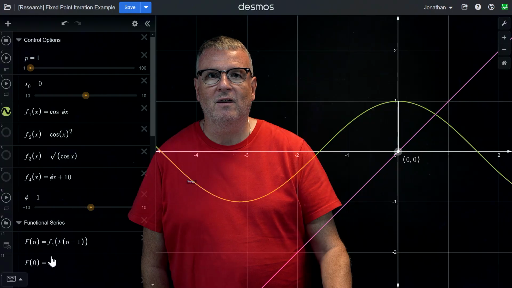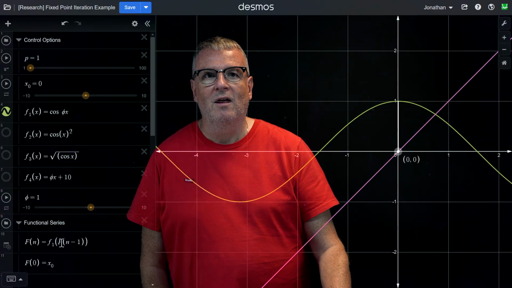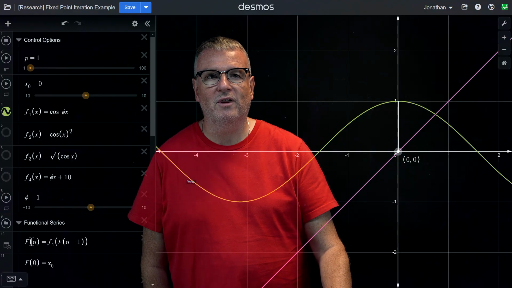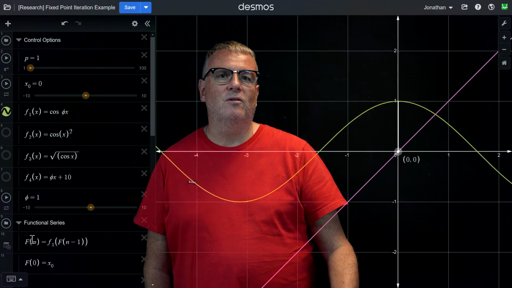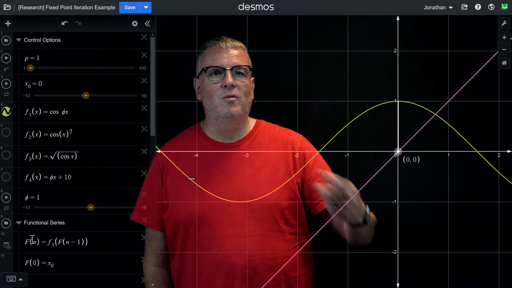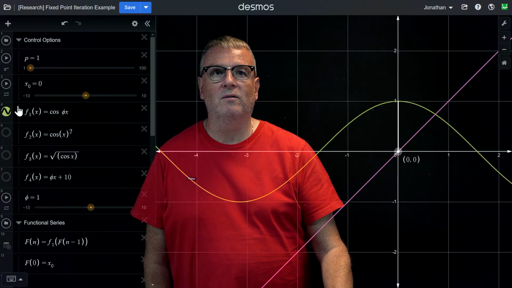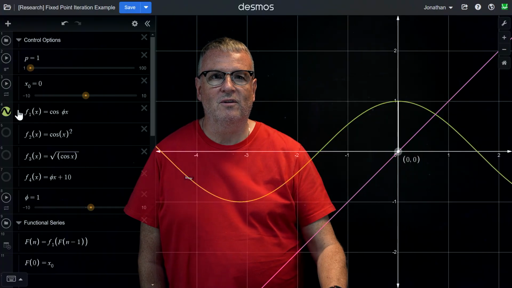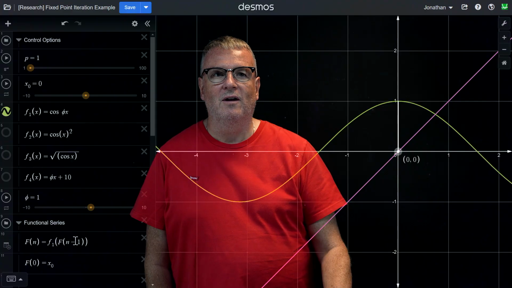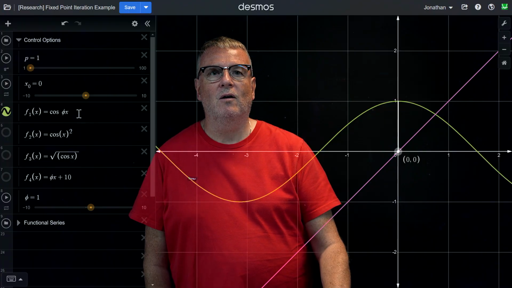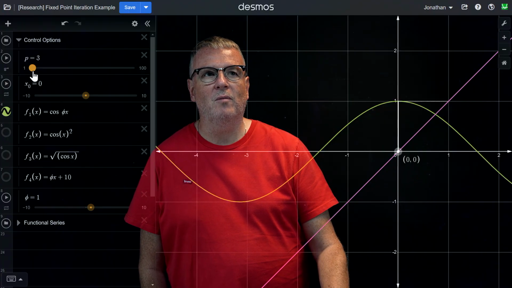And down here I've said the function at n minus 1, if you apply a cosine, becomes the function at n. This is the way I tell Desmos to just keep repeating the function. And what I've asked it to do is apply f1, which is a cosine. So this is a way, in mathematical terminology, of just repeating that function again and again.